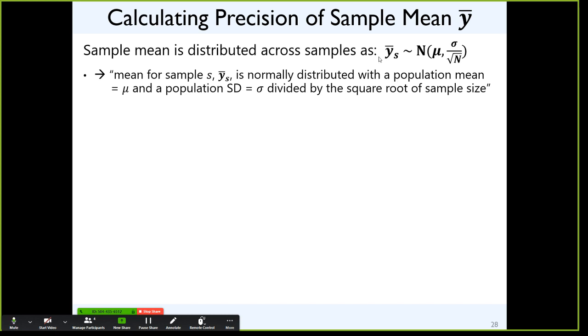So this thing right here, what I'm trying to say is that the sampling distribution of the mean, so this is the mean for sample S. So if I did the same study over and over and over again, each study, mean for study 1, mean for study 2, mean for study 3. What this is trying to do is describe the range of values that those means would take.